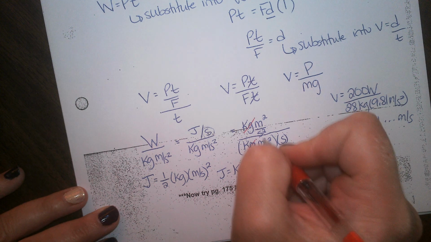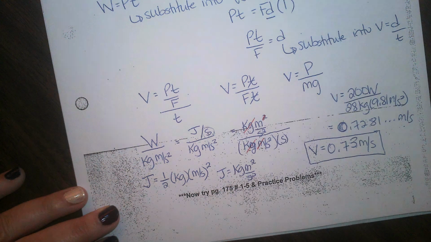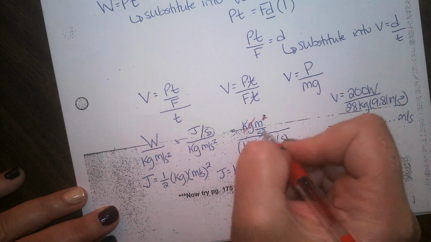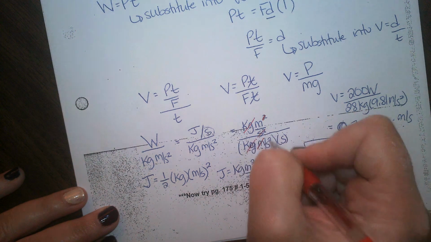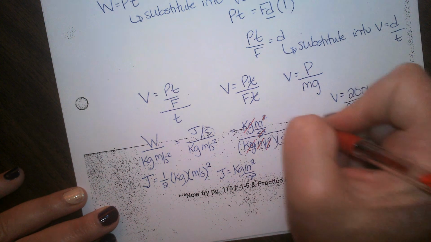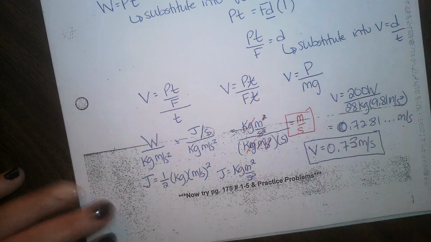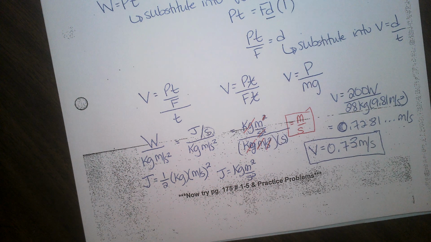And my meter here is going to cancel out one of those guys here. And my second squared is going to cancel out this second squared down here. And so I'm left with meters per second. So unit analysis, that's what this is called. Unit analysis proves that velocity can be determined by power over force of gravity.